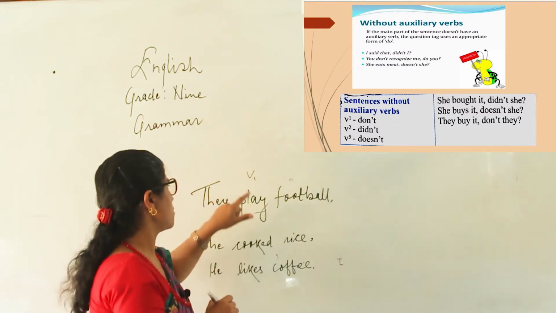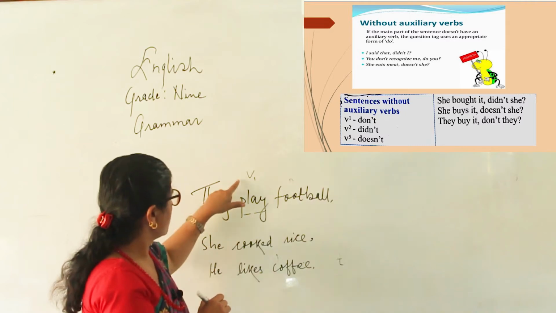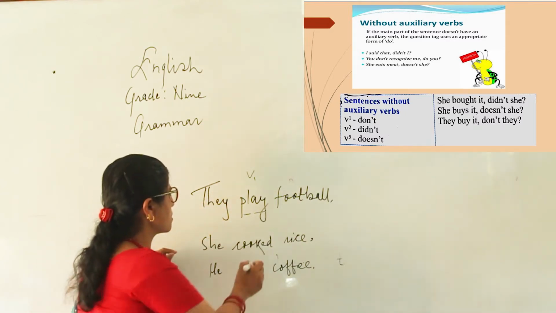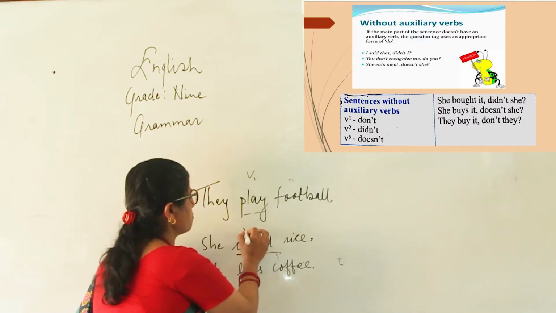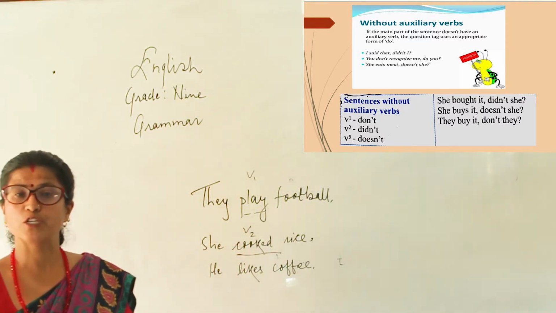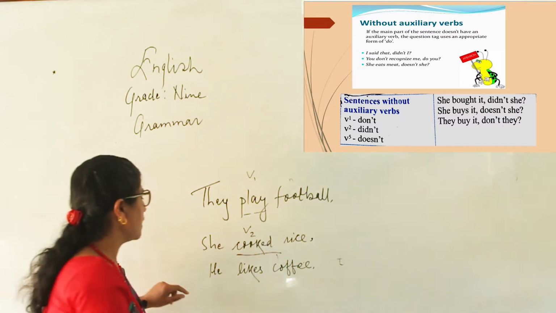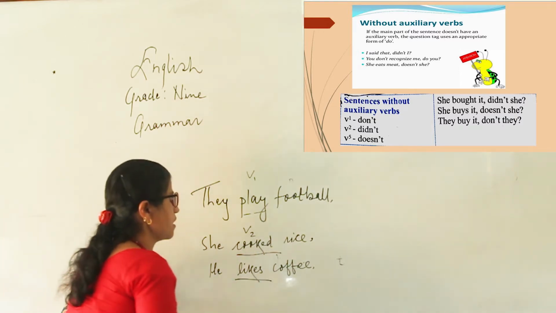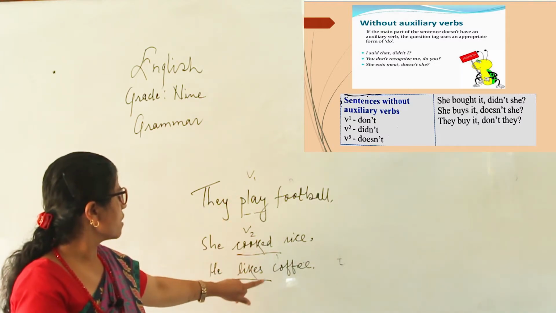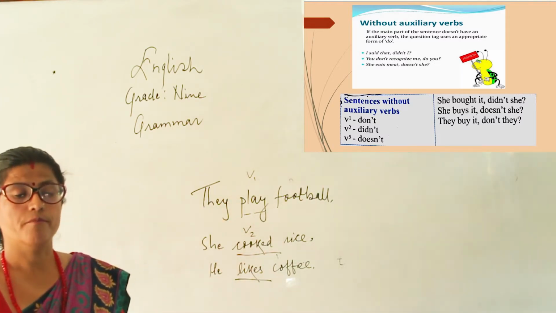This is the plural form of play, in present tense. Cooked is B2, and then he likes coffee, it is another form of verb. And these three verbs, play, cooked, likes, are all main verbs.